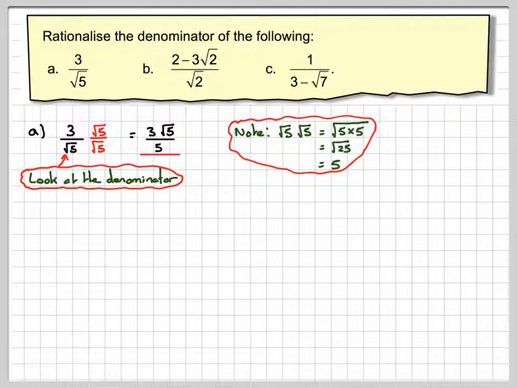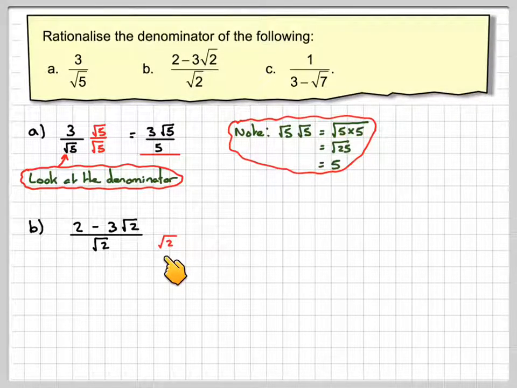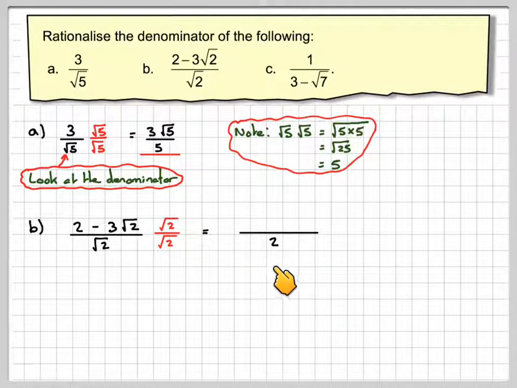Right, in the next one, we've got 2 minus 3 root 2 over root 2. So again, I look at the denominator, and I multiply by the same thing again, but I must do the same to the numerator. So in the denominator, root 2 times root 2, it will be square root of 4, which is 2.